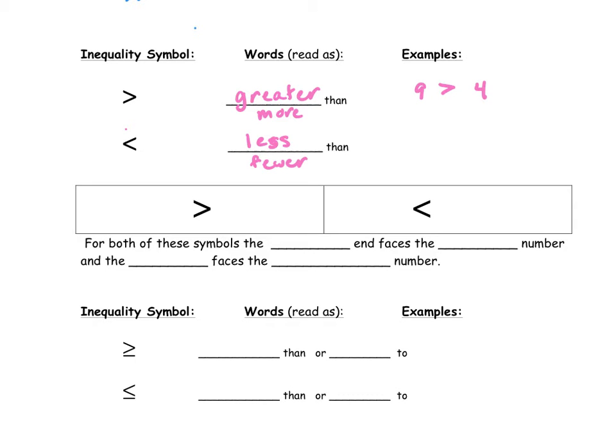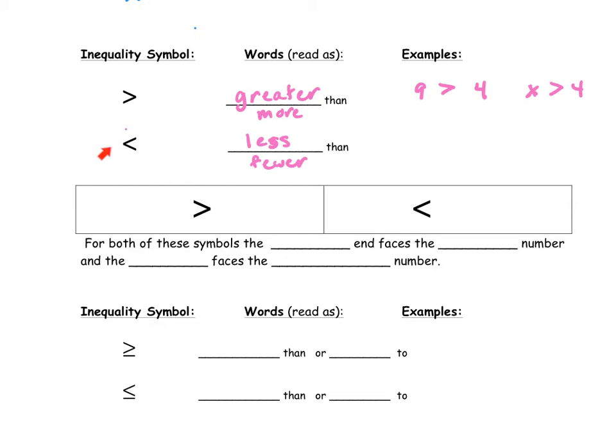So that's true. 9 is bigger than 4. But we're going to start using this algebraically. So I might say that x is greater than 4. So as long as I choose any number that is larger than 4, x can be any number. It doesn't have to be 9. It could be a different number. In fact, many numbers, and we'll discuss that later.